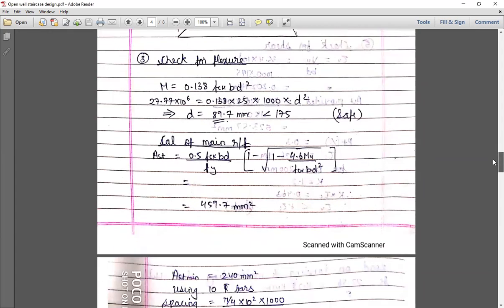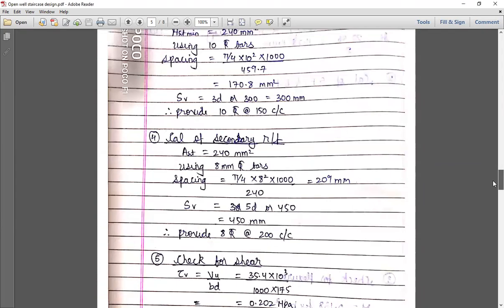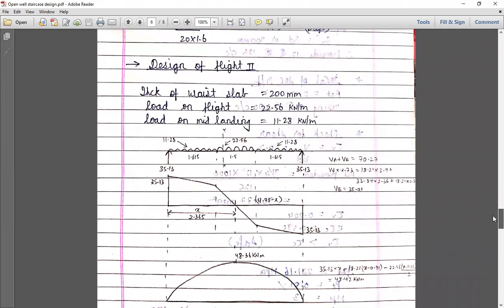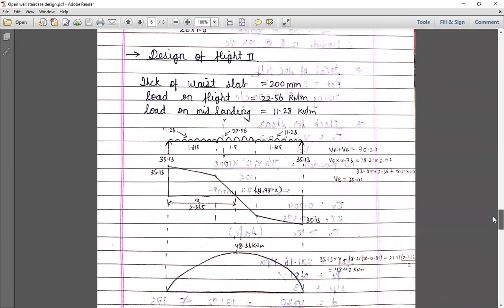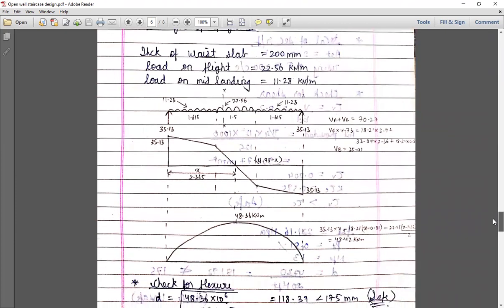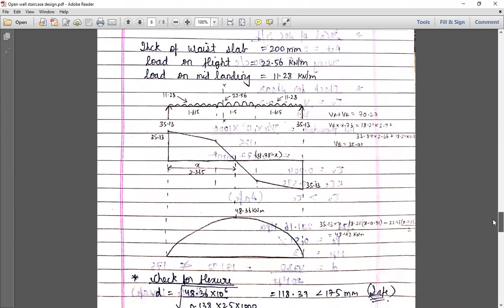So flight 1, what about flight 2? For flight 2, shear force and bending moment? 16.35 bending moment and shear force 17.8. 16 and 17. Okay.